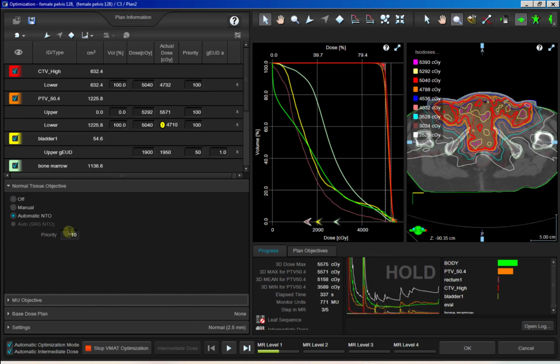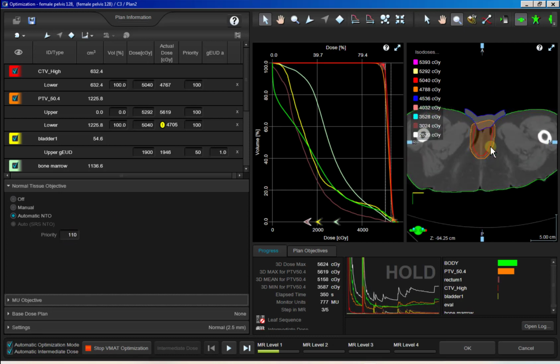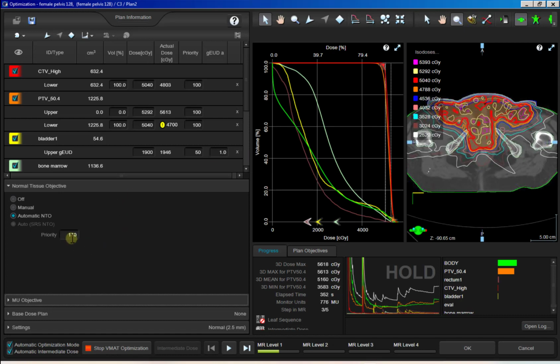Every time you do that, I only bumped it up by 10, but you get that noticeable spike, right? So you do it very slowly, bump it up by 10, see what that spike is doing. If it's improving, you can bump it up another 10, and see if it continues to improve. If you don't see any improvement by bumping this up by 10 or 20, then just leave it alone.